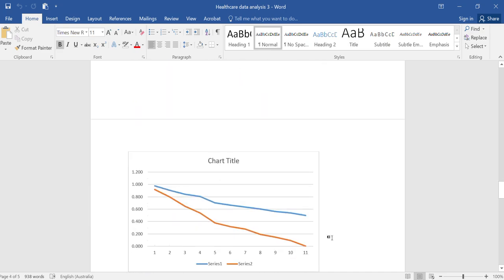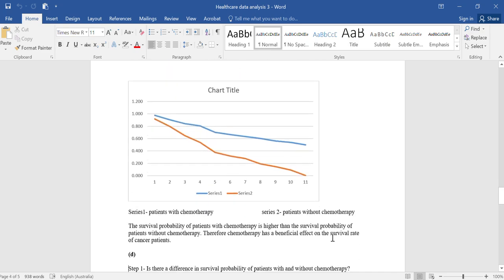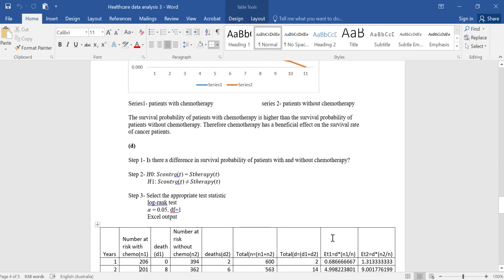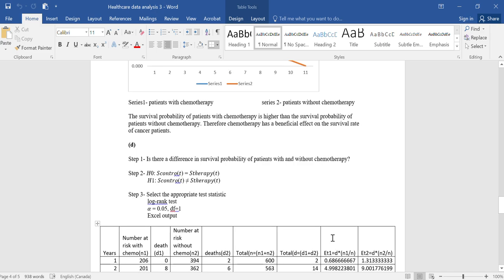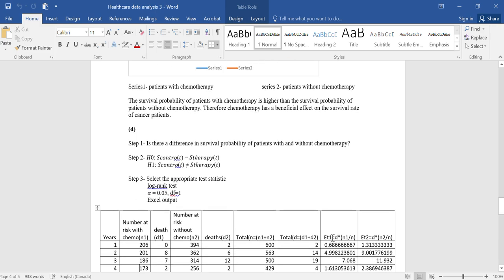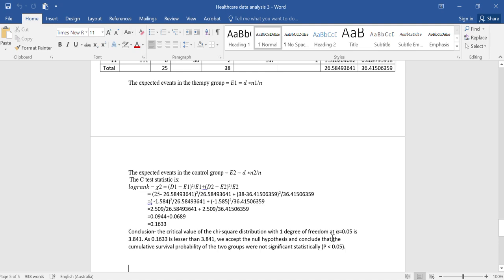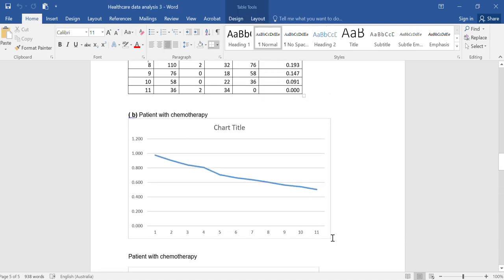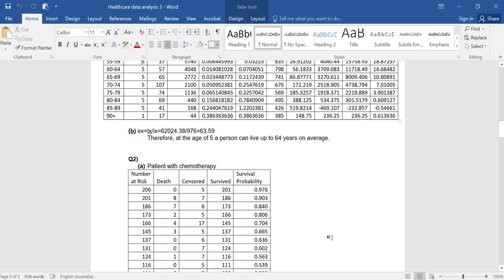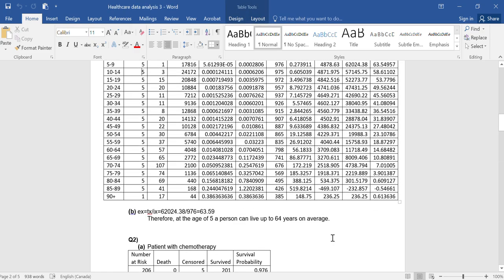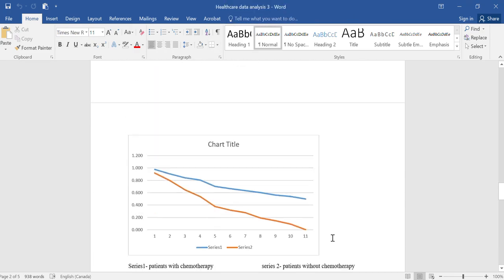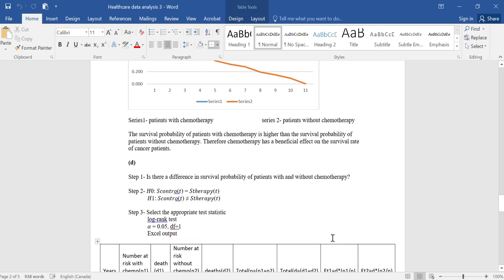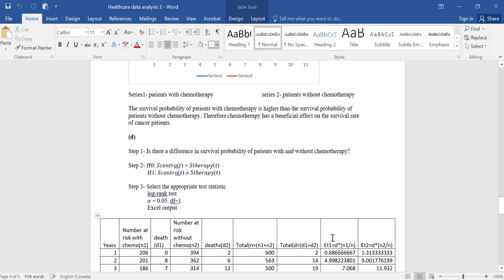I'll just show it quickly. And the alternate hypothesis: there is a difference in survival probability between the two groups.